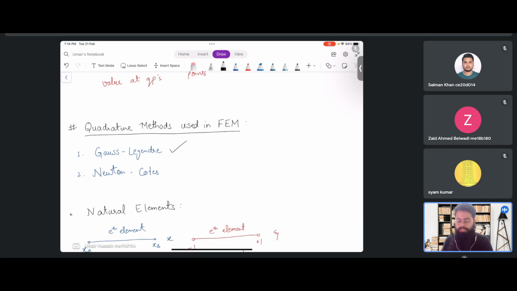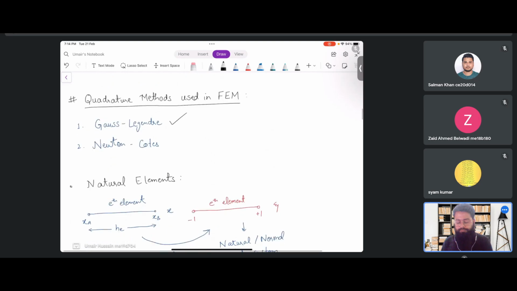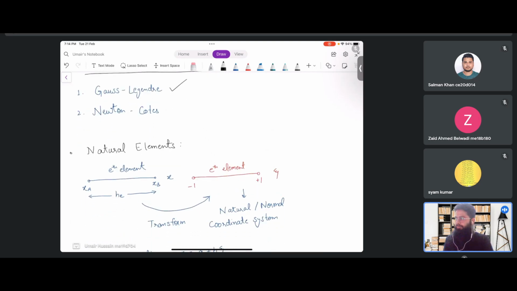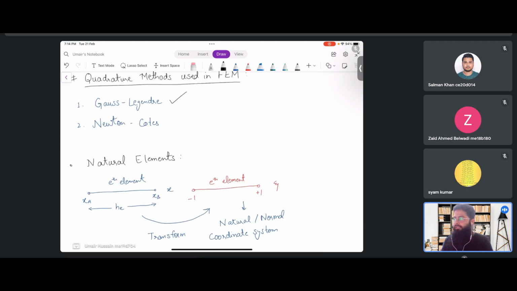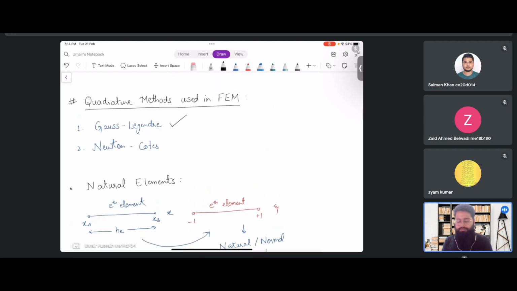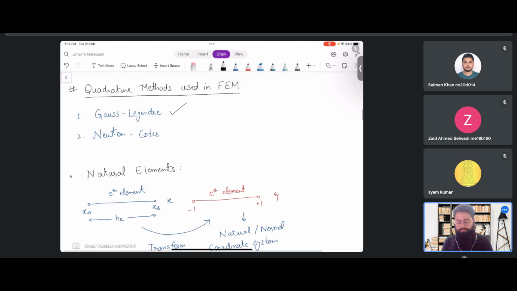Maybe there might be some solver that uses it, but most of the solvers built for FEM use the Gauss-Legendre rule. Okay, so I hope it's clear till here. These are the basic numerical integration schemes that we studied so far in this week.